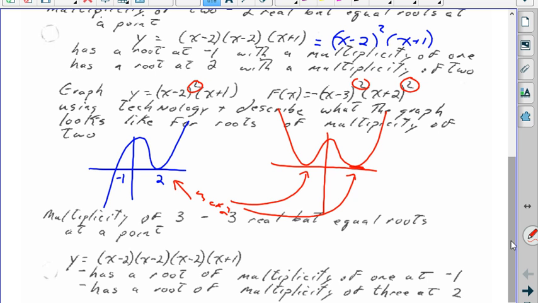But the terminology that's going to be used throughout is a point of tangency. Although, quite frankly, I leave out the to the x-axis. It's tangent to the x-axis. So the turning point lies on the x-axis when we have a multiplicity of 2.